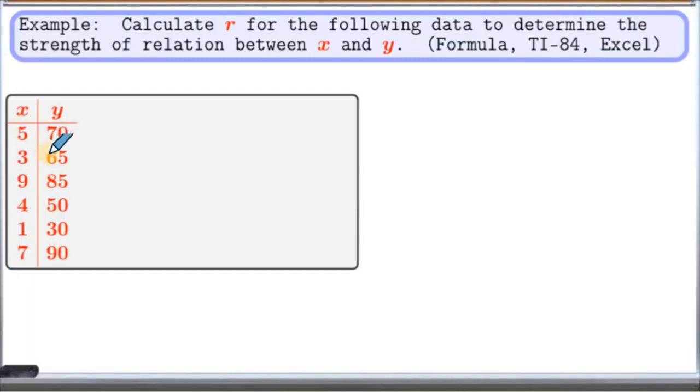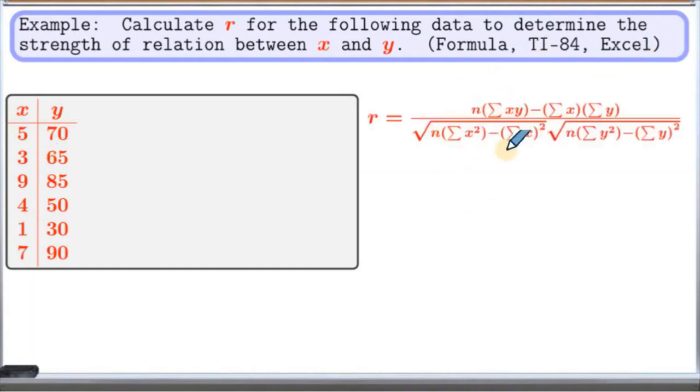First, let me show you how to find R using formula. We have this formula here, and looking at this formula here, we need sum of xy, sum of x, sum of y, sum of x squared, sum of y squared.